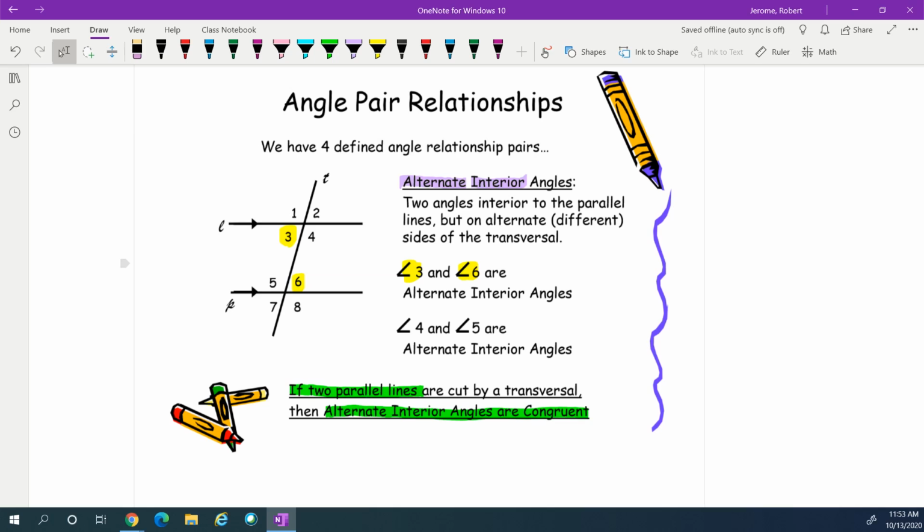If the lines are not parallel, the angles are not congruent. So that's very important. If the lines are parallel, alternate interior angles are congruent. If the lines are not parallel, alternate interior angles are not congruent. Rewind that and listen to it 10 times if you have to.